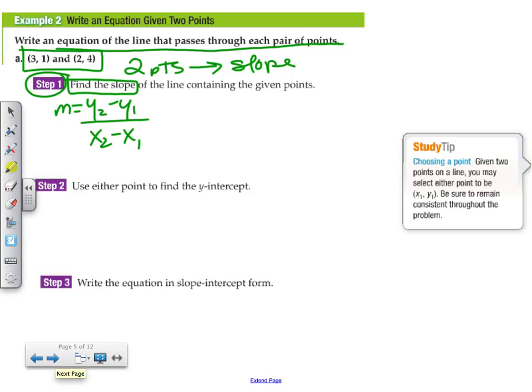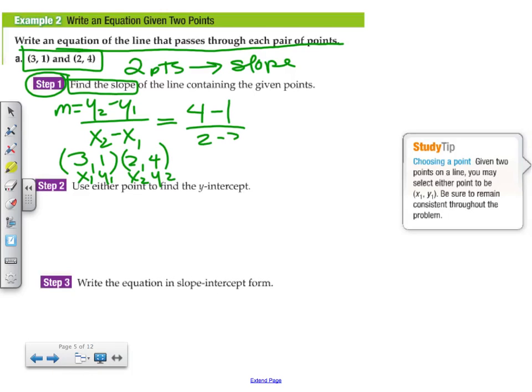We're going to use the points (3, 1) and (2, 4), so this will be x sub 1, this will be y sub 1, this will be x sub 2, this will be y sub 2. So 4 minus 1 over 2 minus 3 gives us 3 over negative 1, or a slope of negative 3.